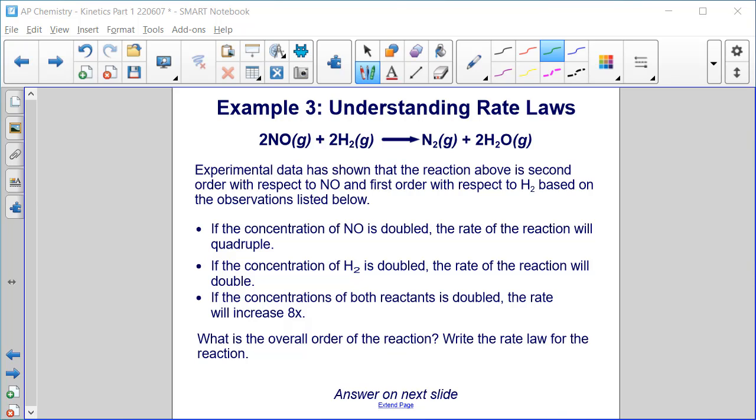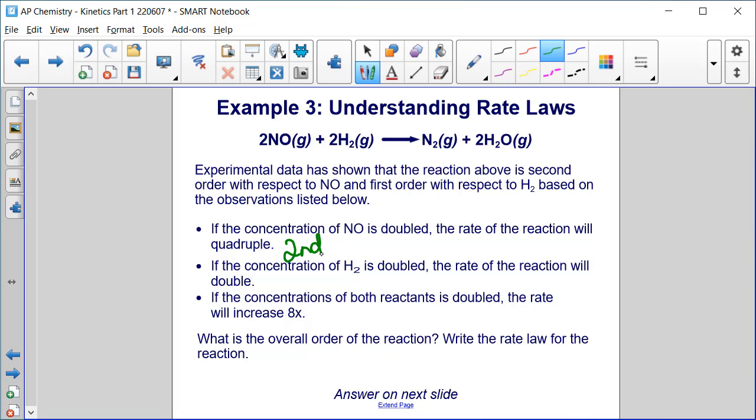All right, here's example 3 for understanding rate laws. We have 2 NO gas plus 2 H2 produces N2 gas plus H2O gas. Experimental data has shown that the reaction above is second order with respect to NO and first order with respect to H2 based on the observations listed below. If the concentration of NO is doubled, the rate of the reaction will quadruple. So that means it's second order.